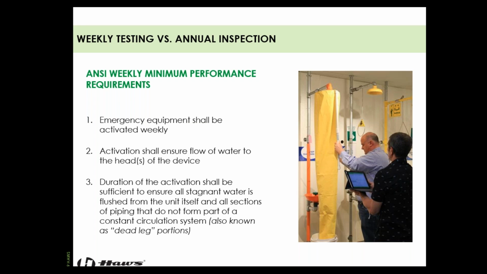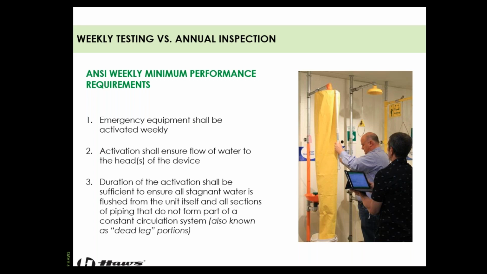There are lots of ways to accomplish that, whether you have people in an area responsible for just their emergency equipment, somebody whose primary job is checking that equipment, or you have hired someone similar to our Haas services team to perform those weekly testing requirements for you.